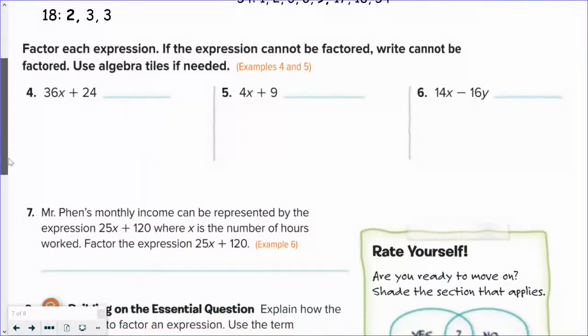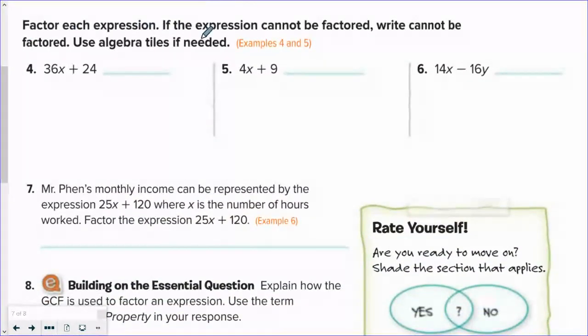All right. So next we have factor each expression. If the expression cannot be factored, right, cannot be factored. If we need to, we can use algebra tiles. That means you can model it out. Okay. So I'm going to look, I'm like, all right, what can I take out of 36x and 24?